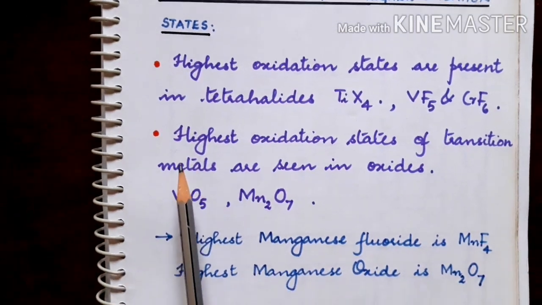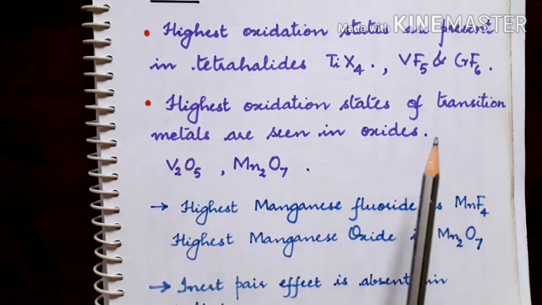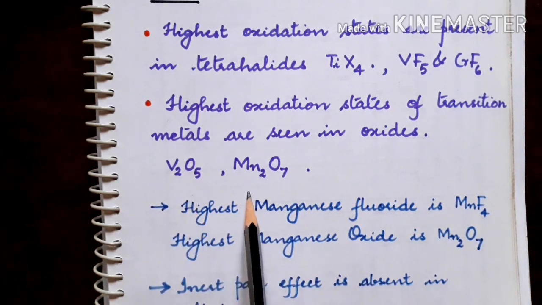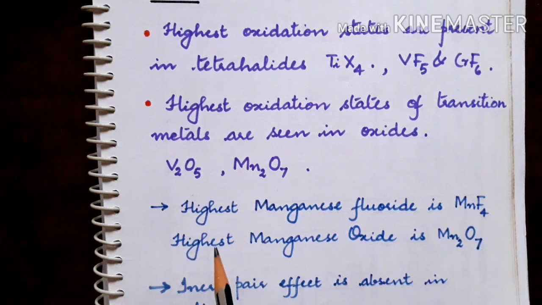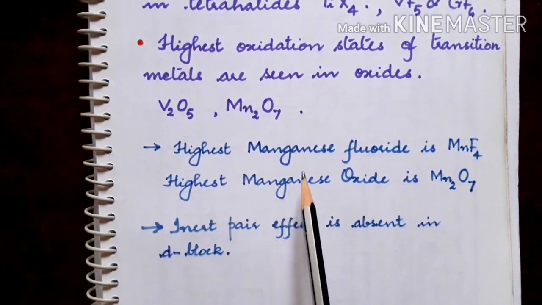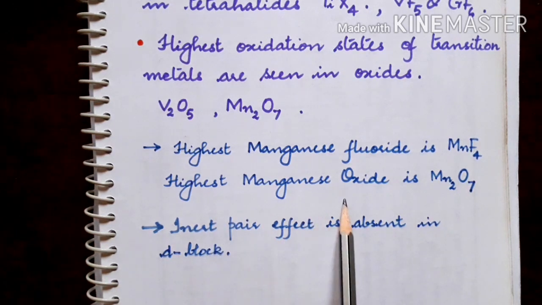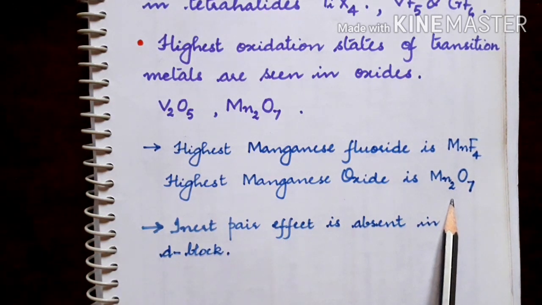In addition to that, the highest oxidation states of transition metals are seen in the oxides, for example V2O5, Mn2O7. The highest manganese fluoride is MnF4 and that of the oxide is Mn2O7.